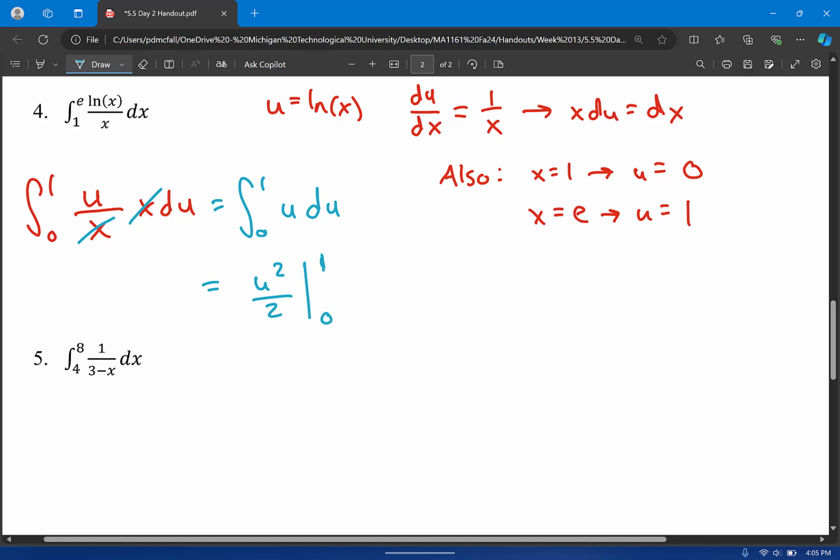That's how you find the area under u from 0 to 1. Use the antiderivative. That's the fundamental theorem of calculus. You get 1/2. 1/2 is the area from 1 to e under natural log of x over x.